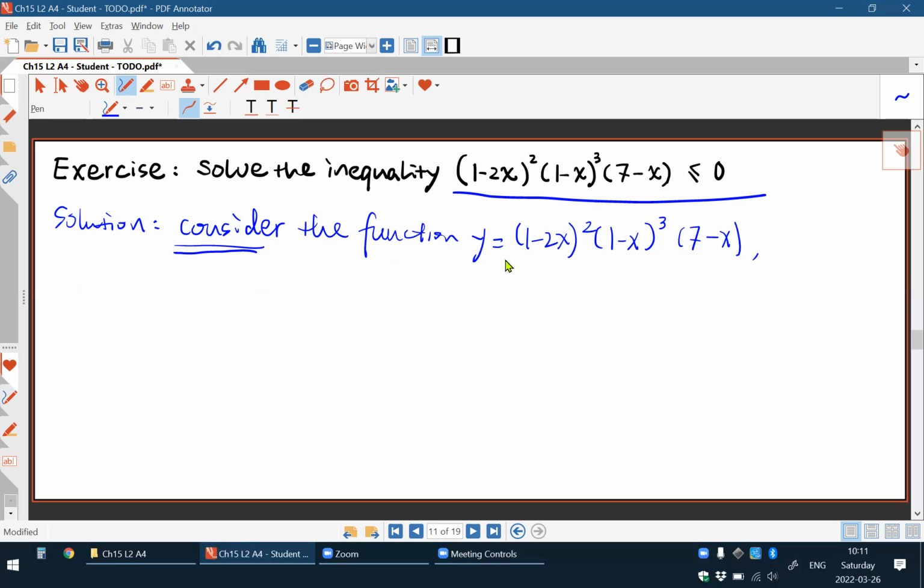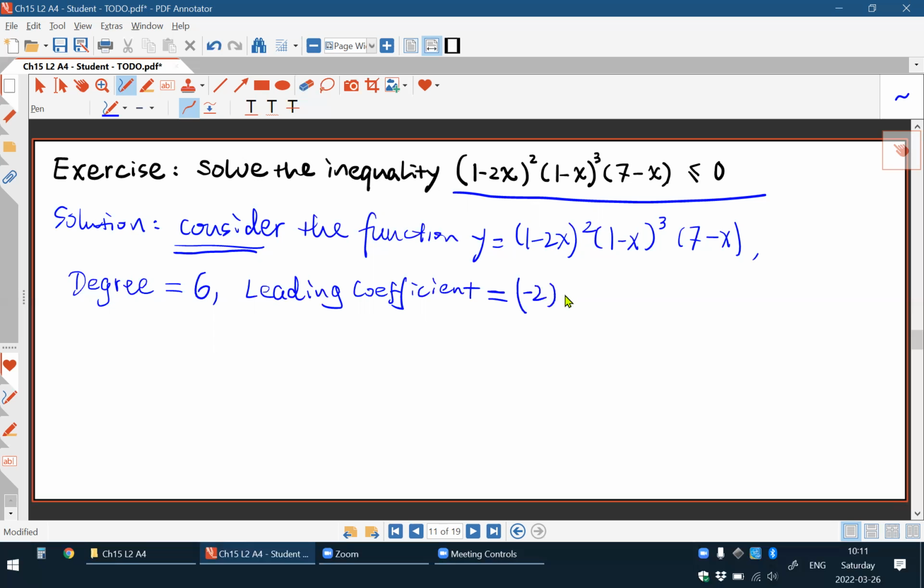I'm not going to write it here again. First of all, the polynomial function degree is, okay, let's count how many x's there are. 2 x's, 3 x's, 1, so the degree is 6, right? Next, let's consider its leading coefficient. A shortcut to calculate the leading coefficient is the product of all leading coefficients in these binomials.